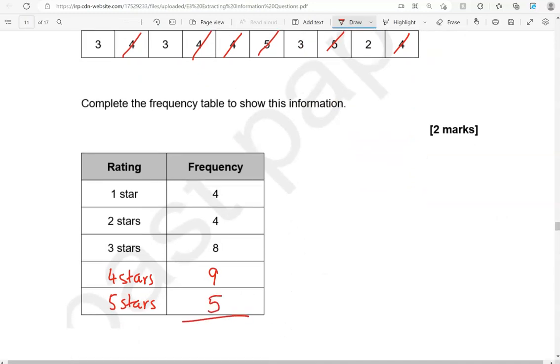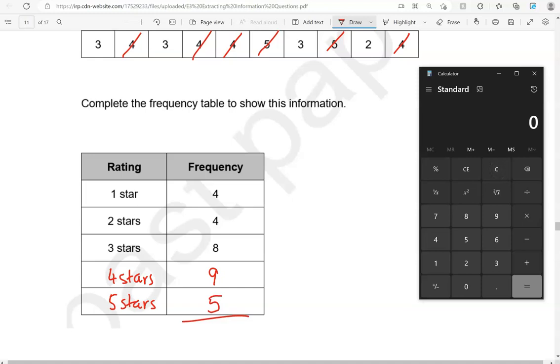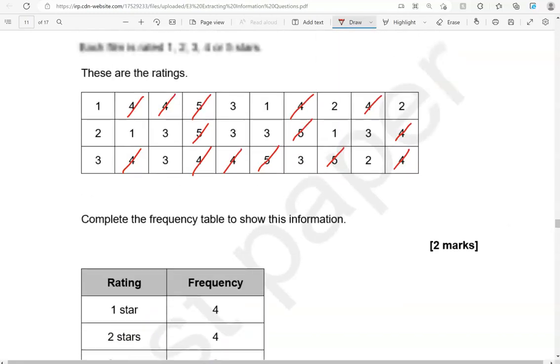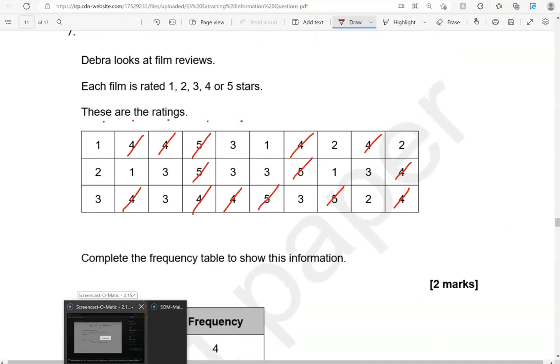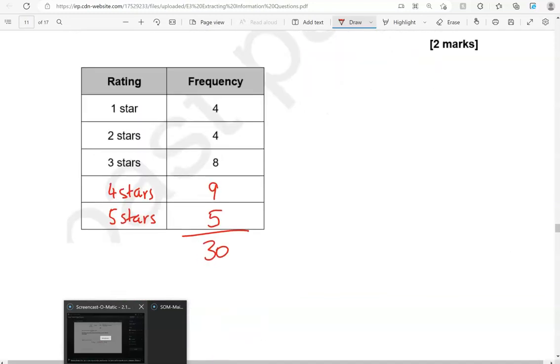Let's add these together so we can double check that we've done this correctly. So 4, add 8, add 9, add 5 gives us 30. And have we got 30 ratings? 1, 2, 3, 4, 5, 6, 7, 8, 9, 10 times 1, 2, 3, that is 30. So that shows we've done this correctly.